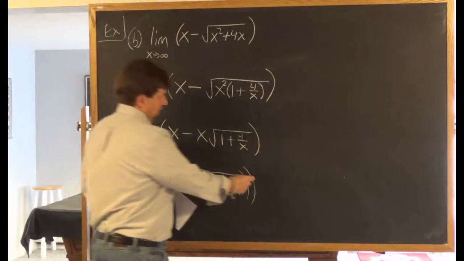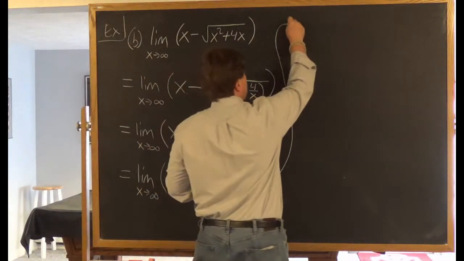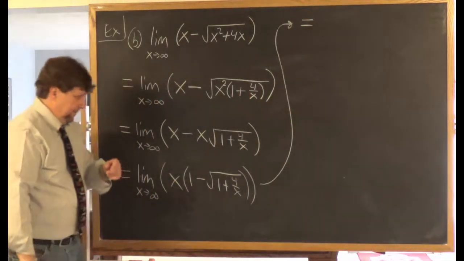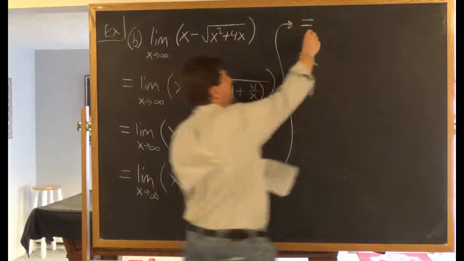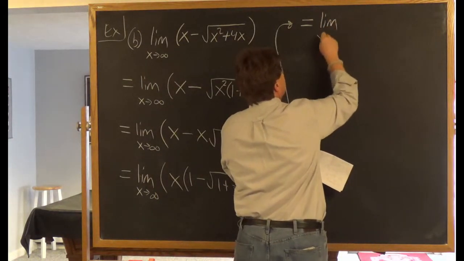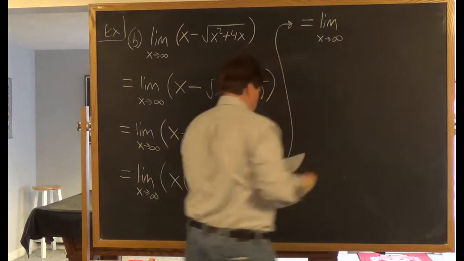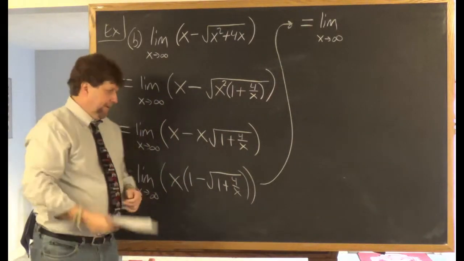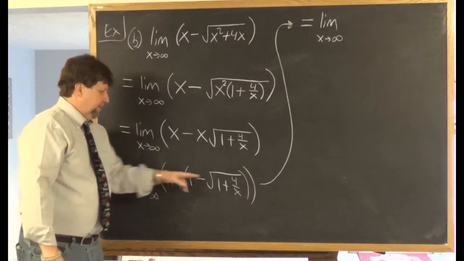So let me pull the problem up here. And in pulling it up here, I'm going to employ one more bit of algebra magic, if you will. This is multiplication.